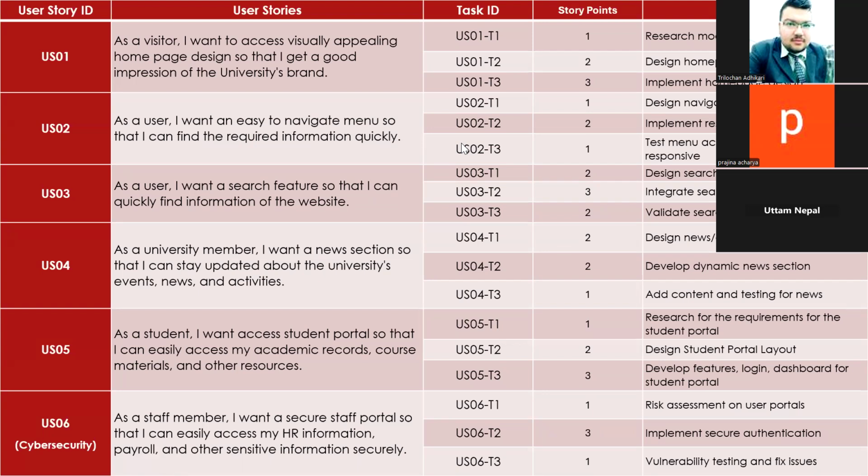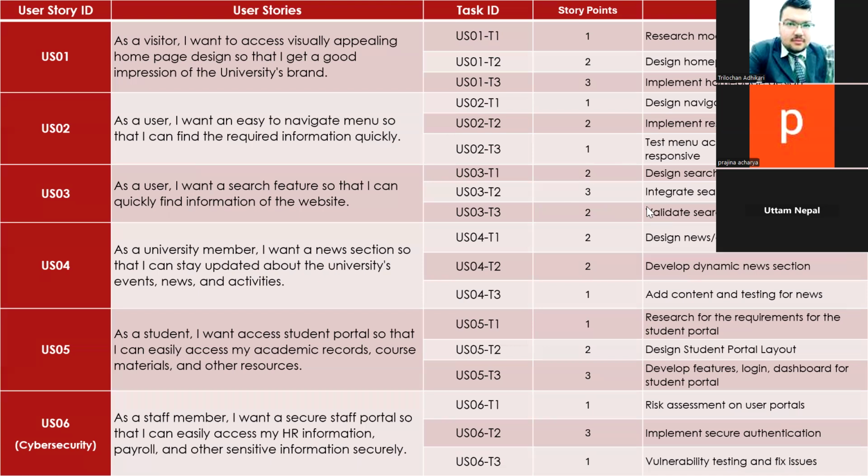Here we have also started the cybersecurity task in this sprint. Further, we divided our stories into subtasks and also assigned story points to each task so that later on the team members can be allocated tasks according to the story points.